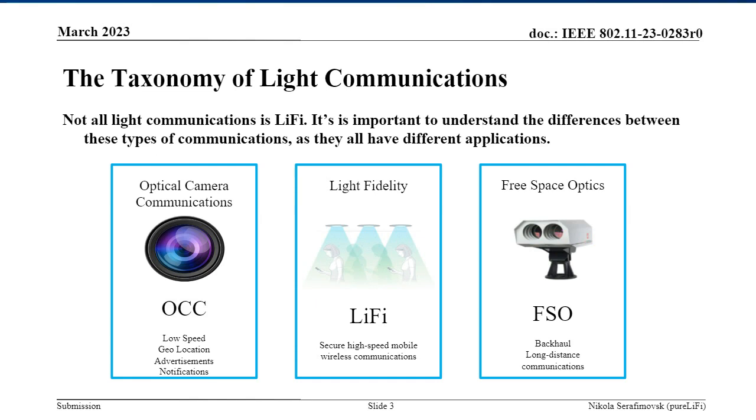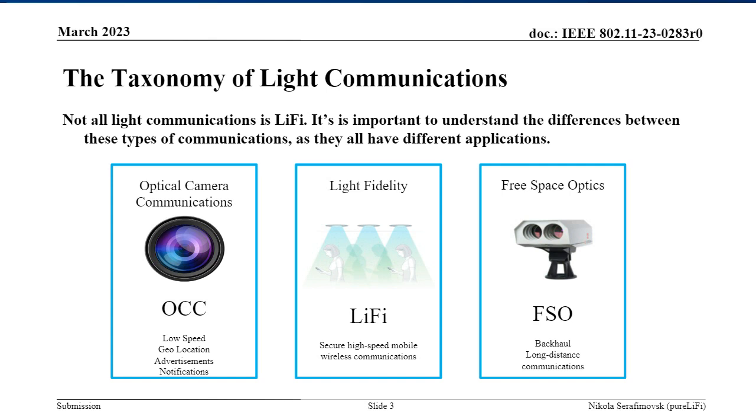So Wi-Fi, unfortunately, has become synonymous for everything that uses light communication. So the first thing that we have to understand is when we're talking about 802.11bb, we are talking about a very specific subset. And there are really 3 different types of optical wireless communication. The first one uses the camera on mobile phones, along with slowly changing intensities of the lights in the ceiling to do positioning for devices.